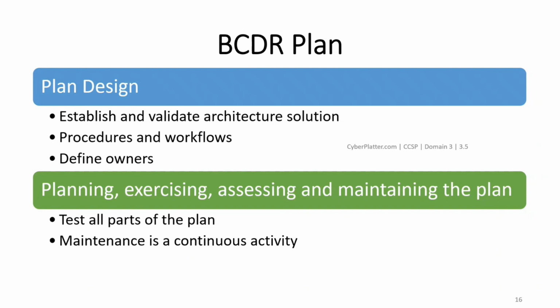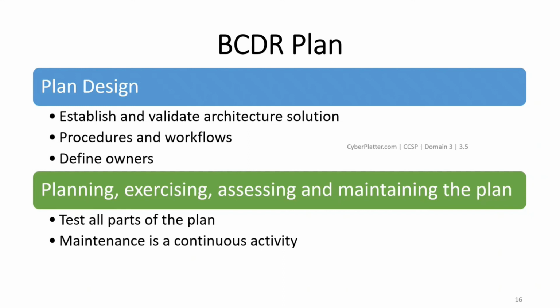Consider deviating from the test script to interject unplanned events such as the loss of key individuals or services. Involve a sufficient volume of all types of transactions to ensure adequate capacity and functionality of the recovery facility.